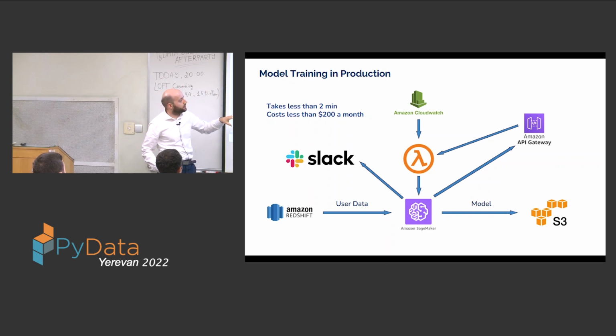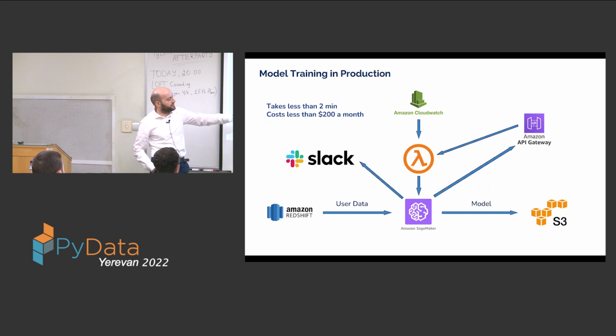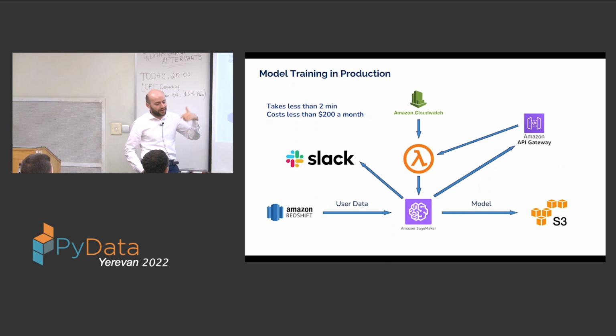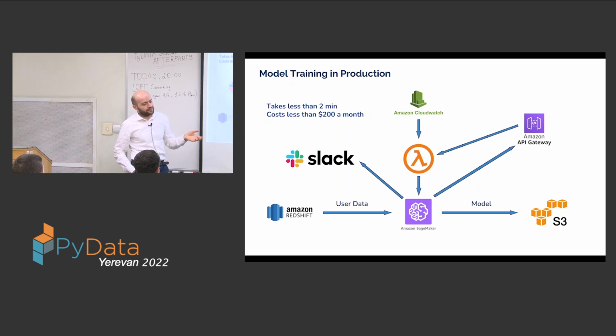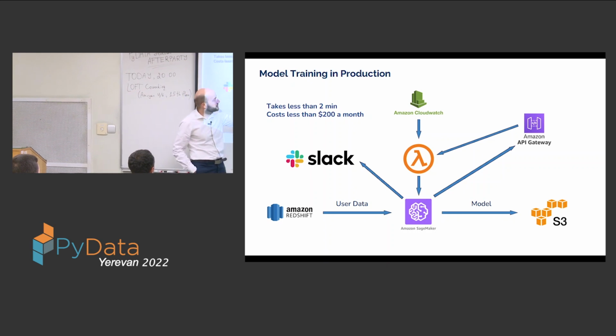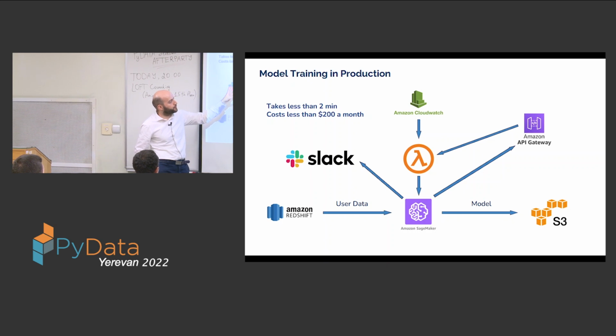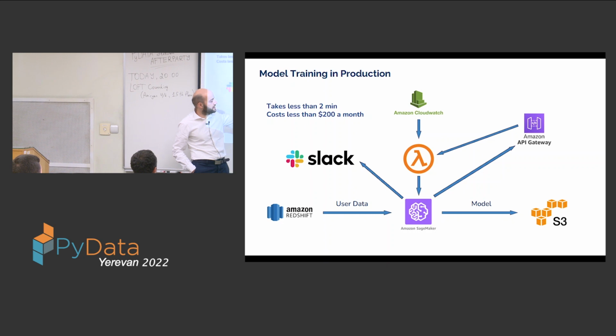Actually, this model now is not scheduled because we do not even turn off the instance. As I have mentioned, it is retraining every 2 minutes. So when 1 training happens, the next one starts after that. This instance is not turned off, but we have some models for which we use Amazon CloudWatch. So we tell it, you need to start this instance every day at 1 p.m. And that is done by CloudWatch.